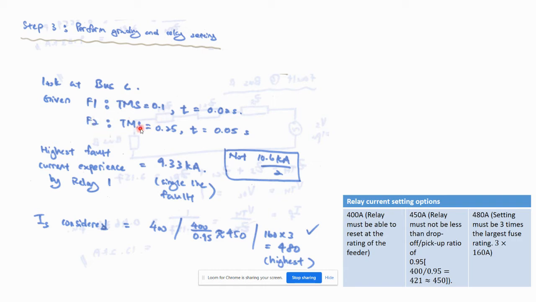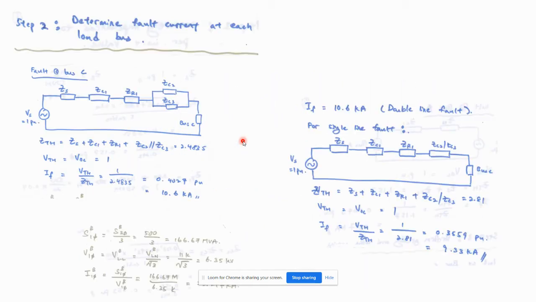If not, if you go through part 1 of the presentation slide that I mentioned earlier, then you will know what is TMS and what is T and what is the extreme inverse and standard inverse curve. And fuse 2 has a TMS of 0.25 and a reaction time of 0.05 seconds.